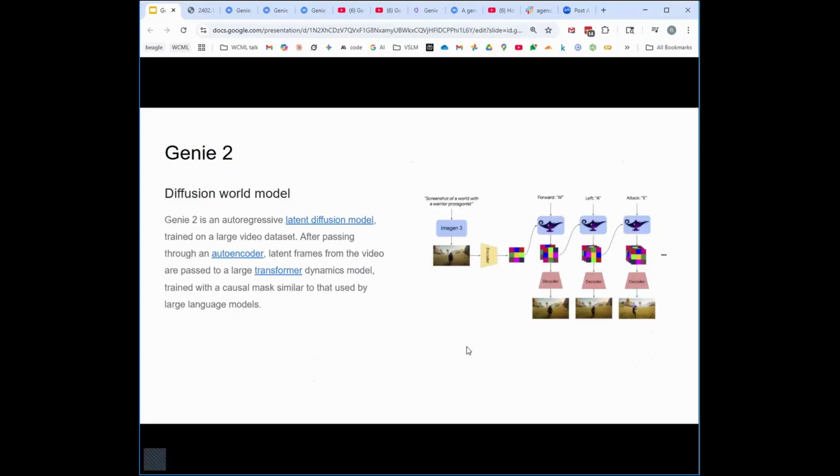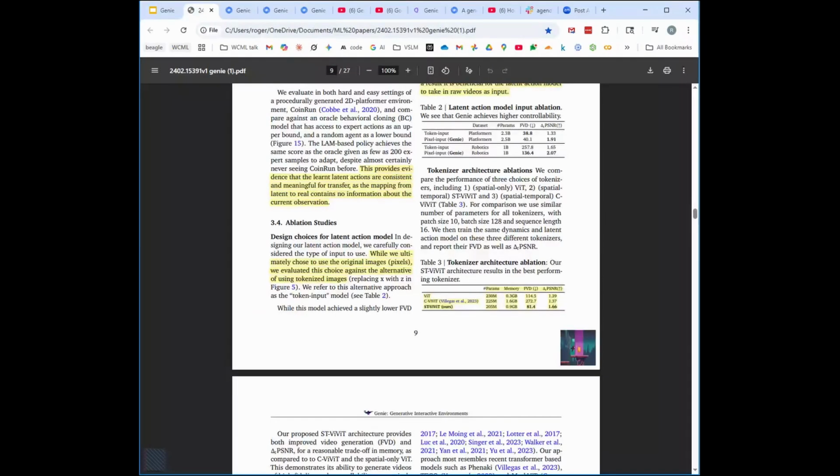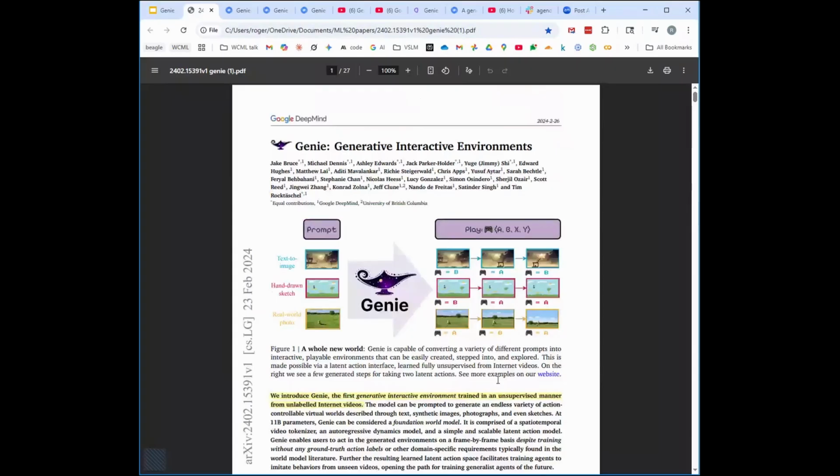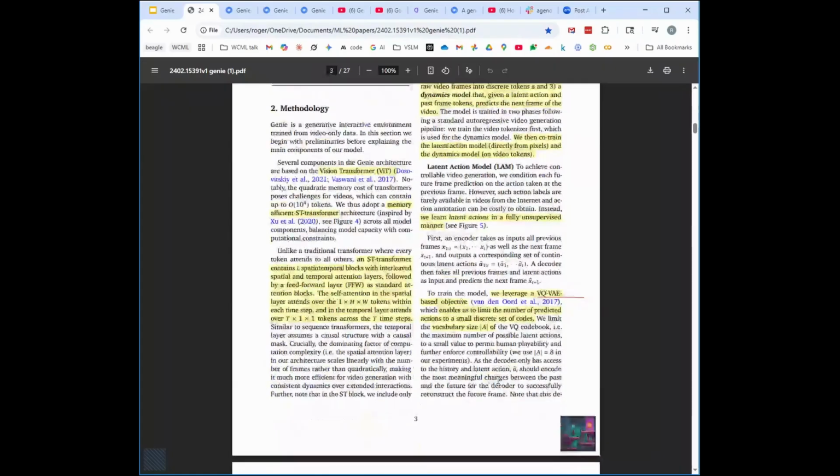Okay, so again, what happened is, in Genie 1, they had this announcement, and this was the paper. And we've gone through most of the important things here, unless you guys want to dive into any deeper details.